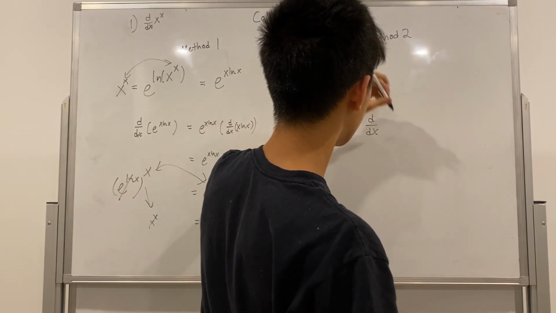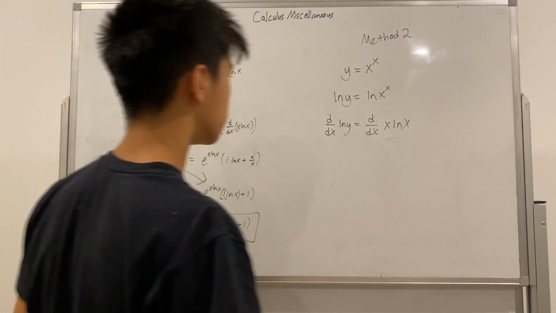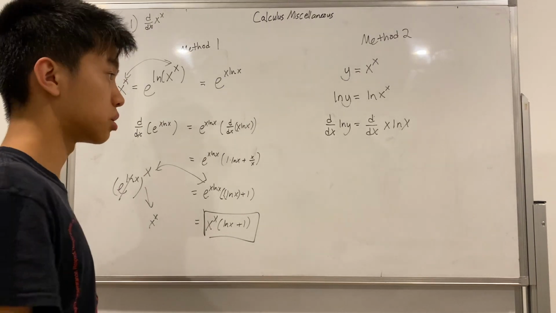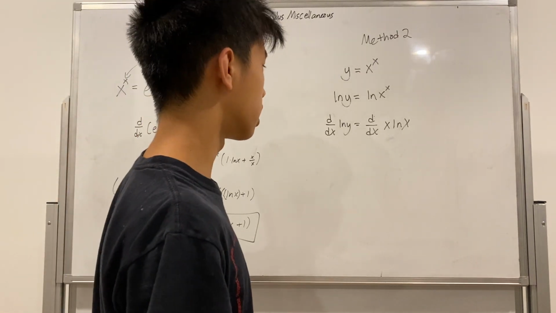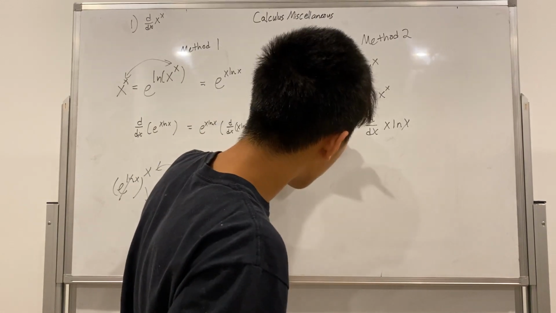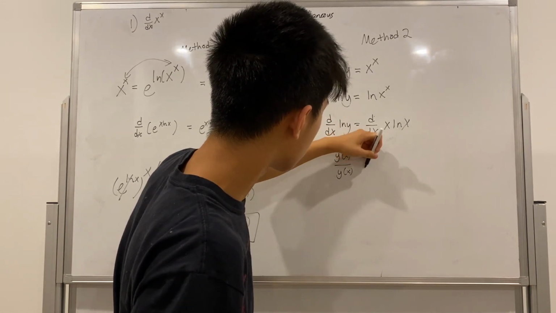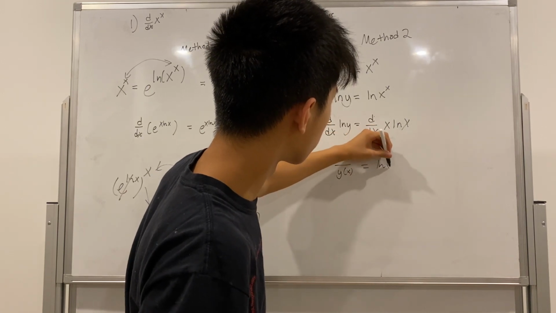So we'll have this expression, which works mathematically. And then now what we'll have is y prime of x over y of x. That's equal to the product rule.